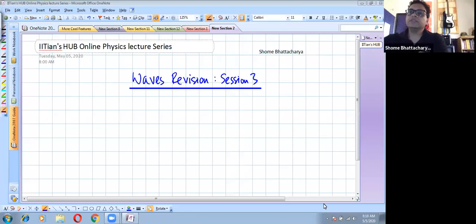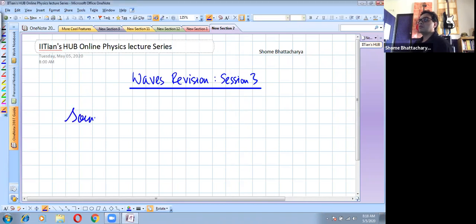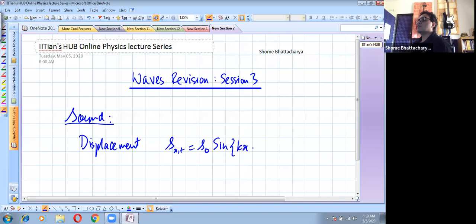So last time we discussed up to the beginning of sound, where we understood the general equation of sound waves. So we saw that sound can be described as either displacement, longitudinal displacement, or as pressure.